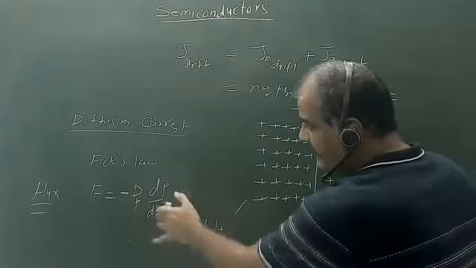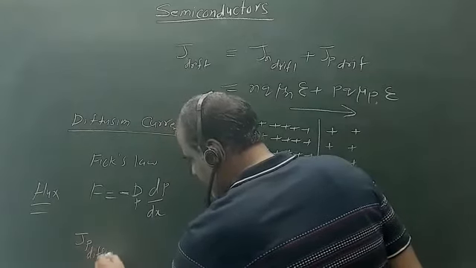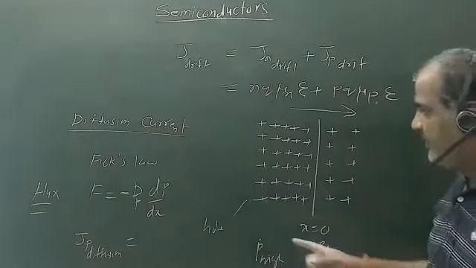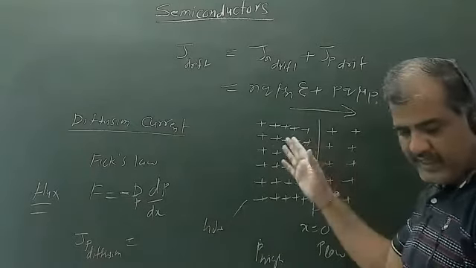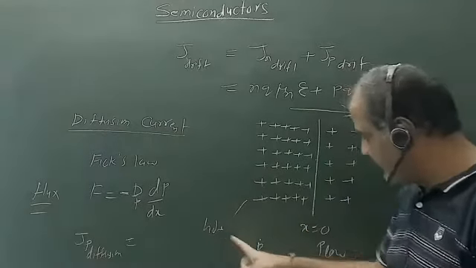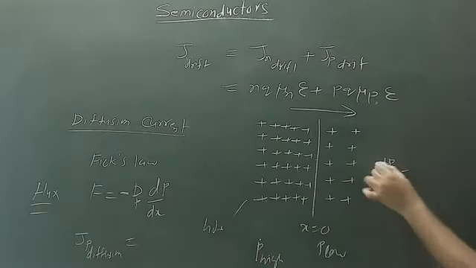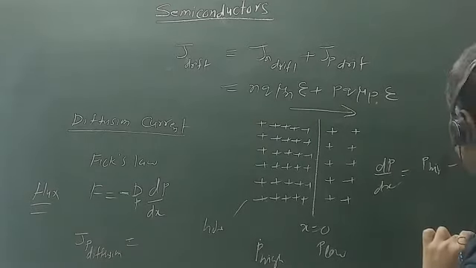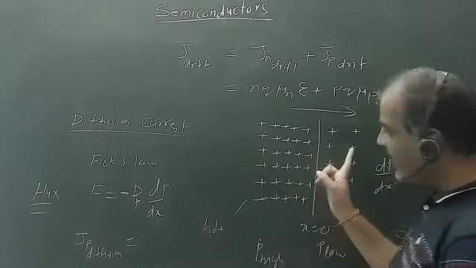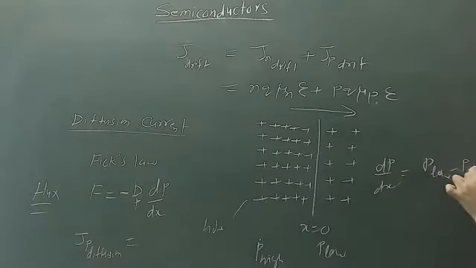So this is Fick's law. Now the flux is moving from high to low, and dp by dx is negative because there is high concentration here. If I take dp by dx, it is the change in hole concentration, final minus initial, so p low minus p high upon dx.